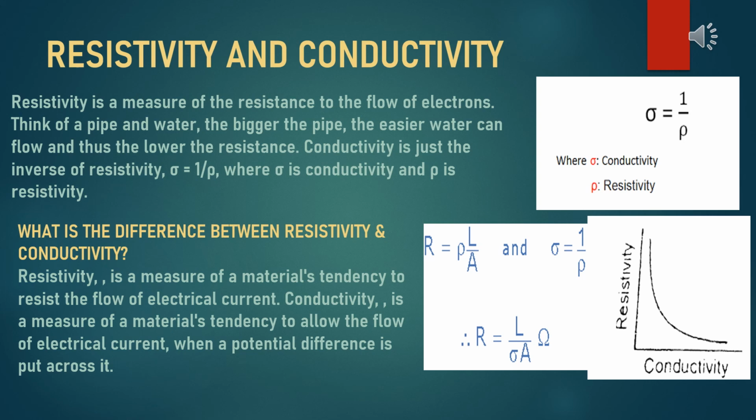Please don't write small s, because small s generally we use for displacement. In the force and motion chapter, class 9, you have already seen that we write small s as displacement.